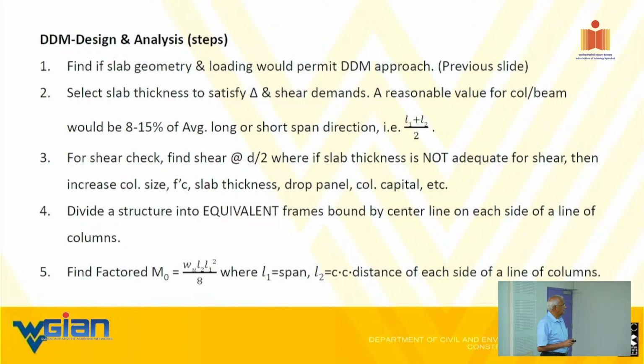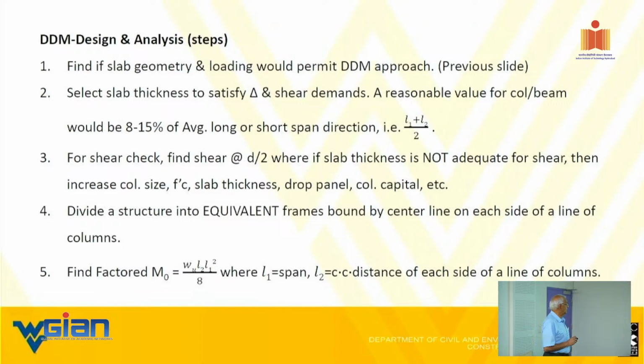We're going to find the shear at d/2, left and right. Where the slab thickness is not adequate, then increase the column size or increase the f'c or increase the slab thickness or drop panel. I told you many times, I would rather do a controlled increase in f'c to begin with. I would not dabble with the drop panels and things like that if I can help it.